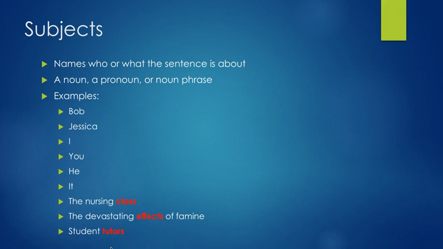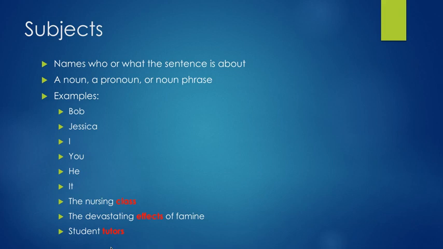Lots of words there, but if you step back and say, okay, what are we actually talking about? We're talking about the effects of something. In this case, they're devastating, and they're from a famine, but we're actually talking about the effects. So that is the simple subject that's part of that complete subject or noun phrase.